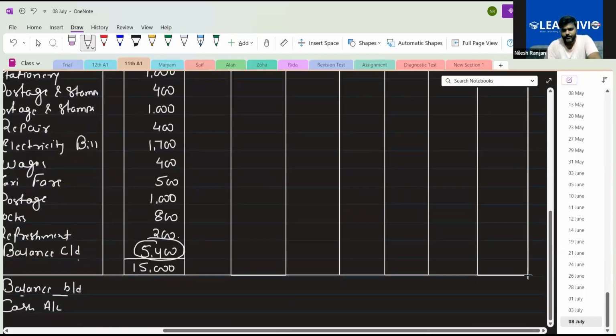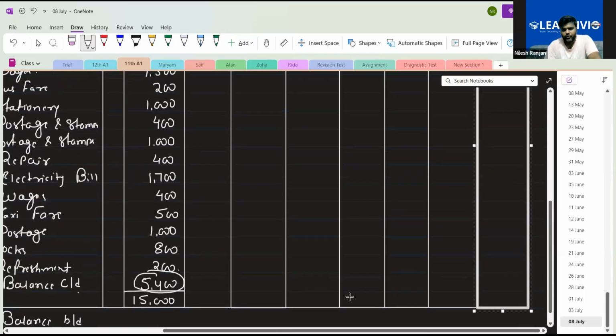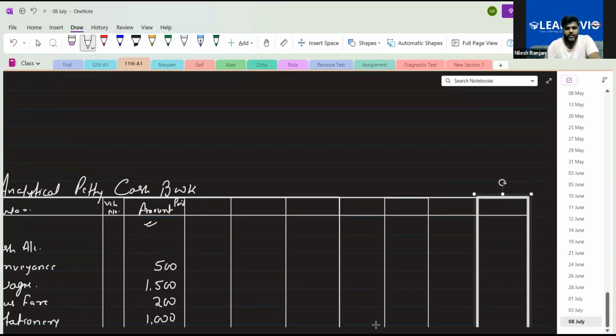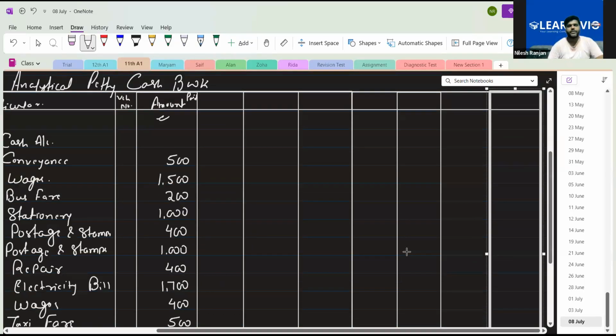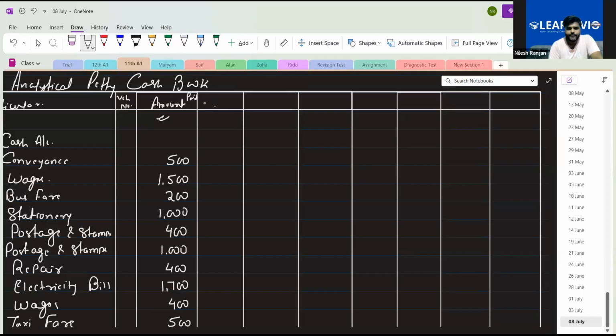Okay, so in the analytical part, what we do is all the expense names are written here. Like the first expense is conveyance, so we will write conveyance here. Conveyance or traveling expenses, it is the same.